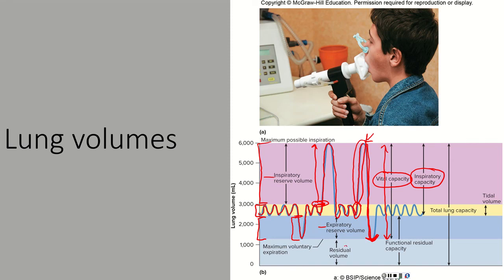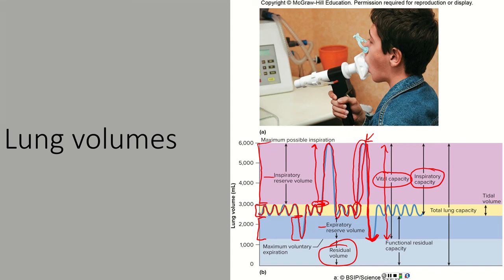And that's called residual volume. The residual volume is the volume of air that remains in our lungs after maximum expiration. Residual volume is the volume of air that remains in our lungs after a maximum expiration.